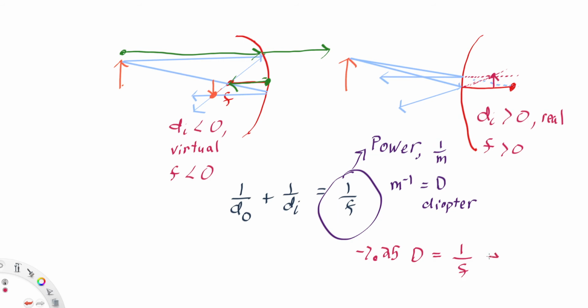So the focal length of my glasses is equal to negative 1 over 7.25, where the negative sign means that it is a diverging lens. That means you're nearsighted then. Extraordinarily nearsighted.